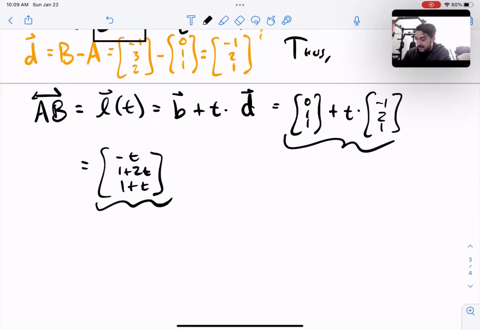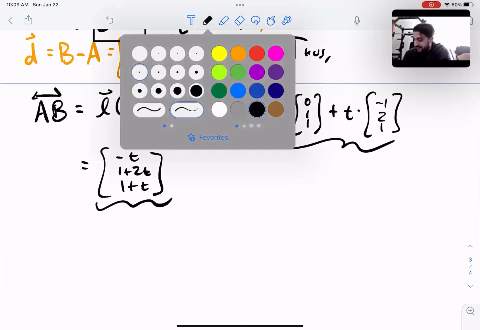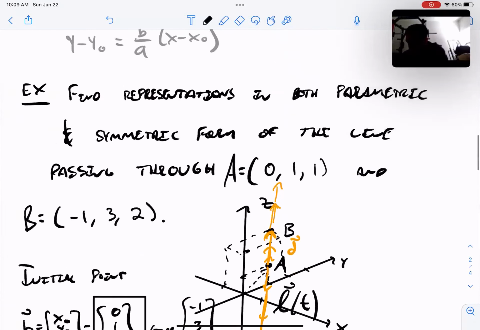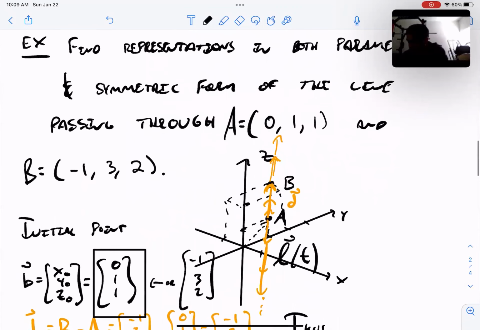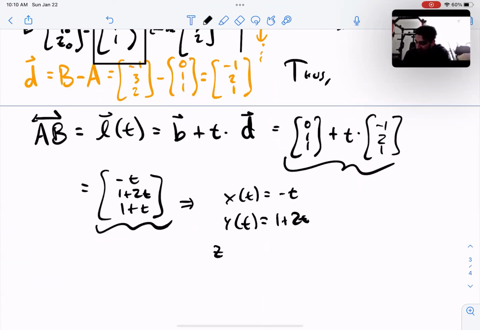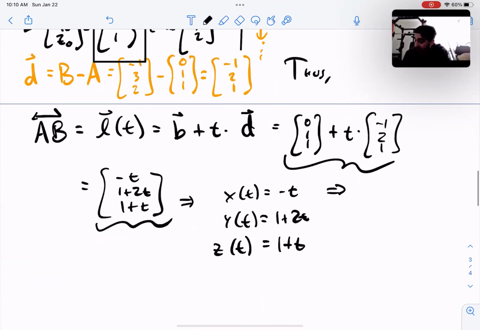Then we have our other form, our symmetric form. How do we get to symmetric form? Remember, we solve for t, right? So I have x of t is negative t, y of t is 1 plus 2t, and z of t is 1 plus t. Solve each of those for t to eliminate t.